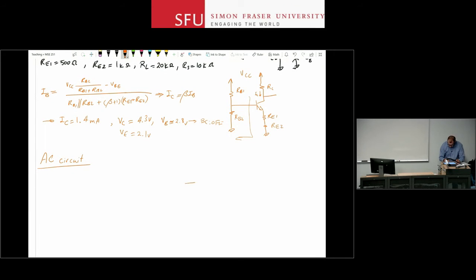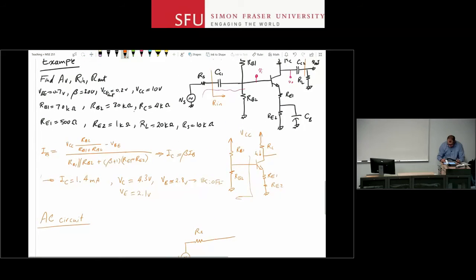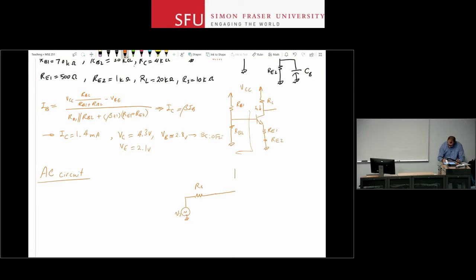So at the input I have RS and VS. Then the coupling capacitor at the input is short circuited. I have RB1 here and RB2 here. The RB1 at the top was connected to VCC, now I connected it to ground.